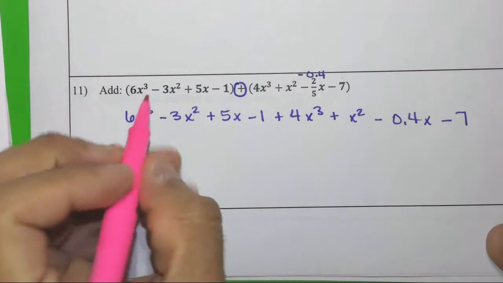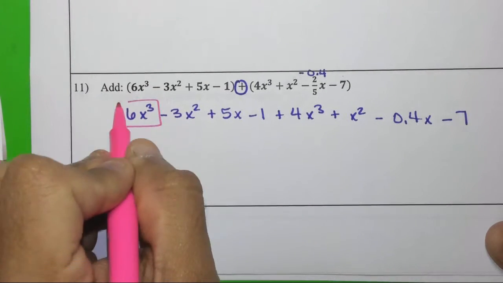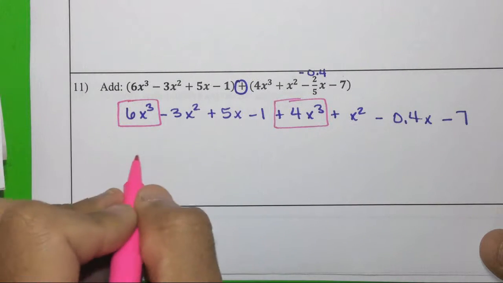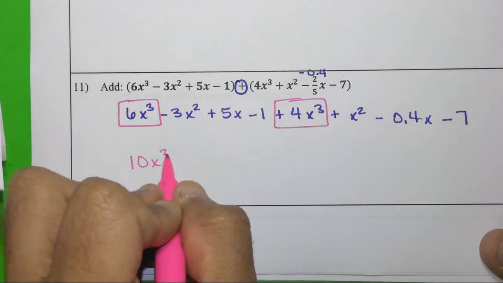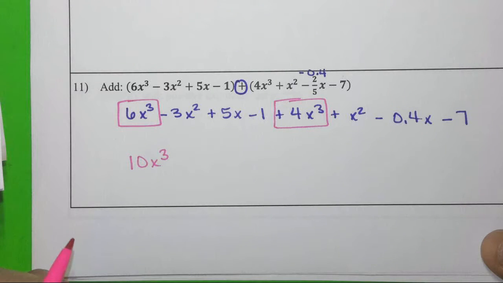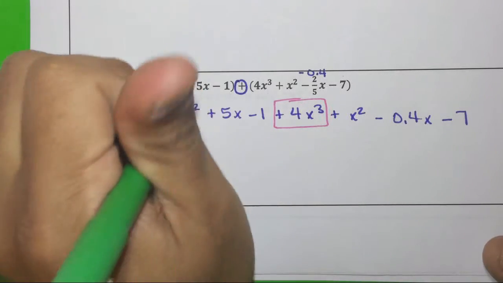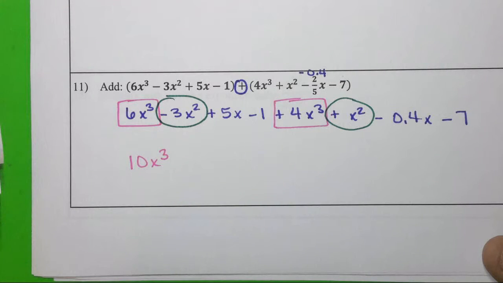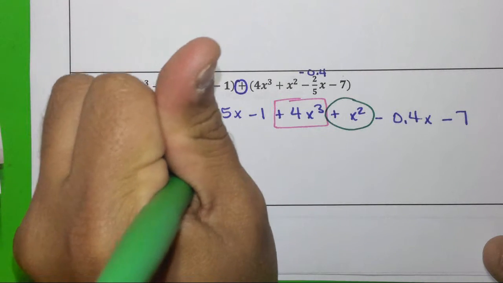So then I do my cubes, 6x cubed plus 4x cubed, so that gives you a 10x to the third power. Then I do my squares right there, so that gives me a negative 2x squared.